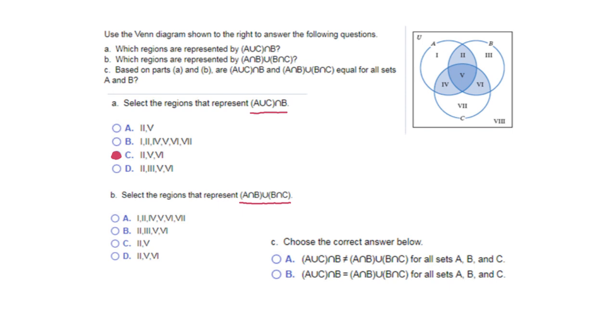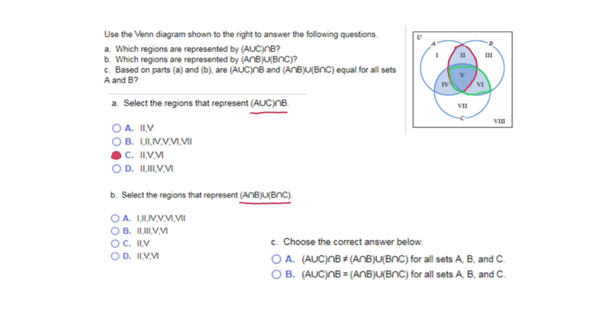All right, next I'm going to go in. Let's see, it did not take my highlight, so let me try that one more time. Region 2, there we go, and region 5. Next, I'm going to go in. Remember, since we're doing a union here, I'm looking for B intersect C. So set B intersects set C at region 5 and region 6.